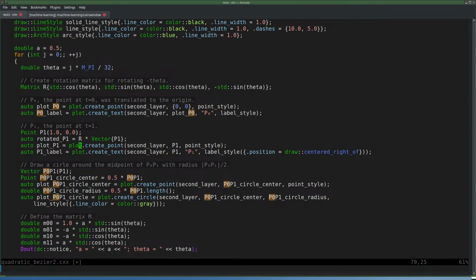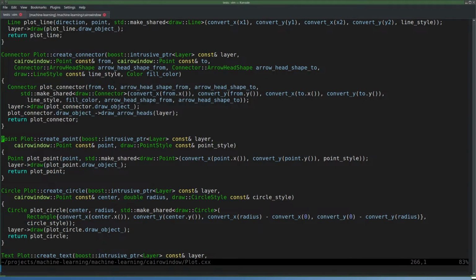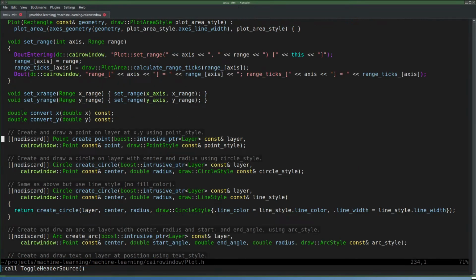Create point from a vector. Can we create a point from a vector? That's the question now. This is a point. Create point. I think I just did this. Yeah, can only create a point from a point. Well, maybe it has a point there, but then I want an easy way to convert a vector to a point, otherwise I have to scream.